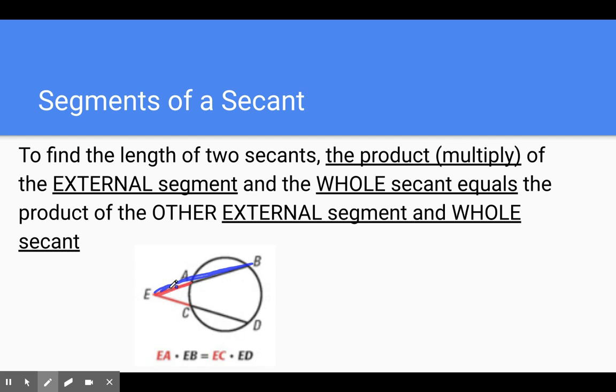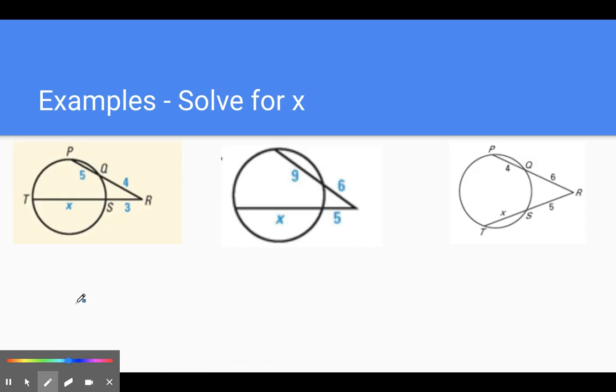So red times blue has to equal the other red times blue. External times whole has to equal the other external times whole. EA, external, times EB, whole, equals EC, external, times ED, whole.